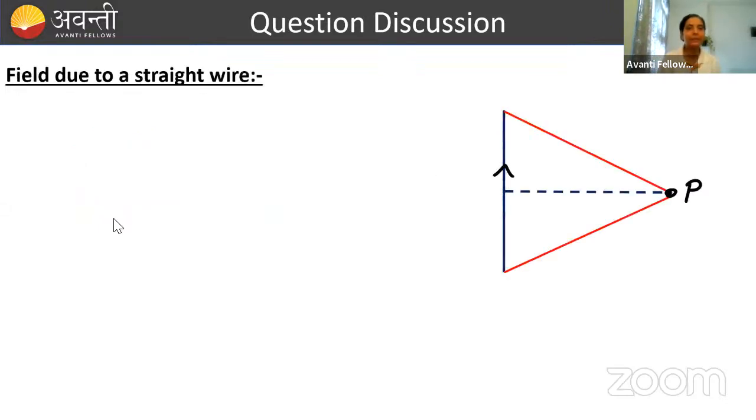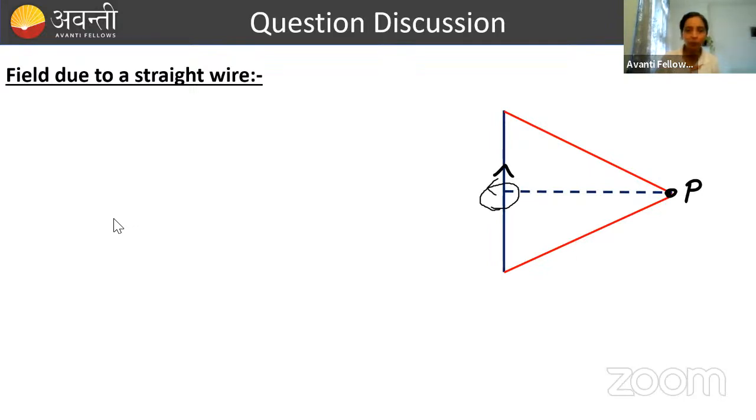Now, in case of a straight wire, if we talk about direction, then if current is flowing in a straight wire, now we need to keep our thumb in the direction of current. Now, curling of fingers will give us the direction of magnetic field. So here magnetic field will be in this sense.